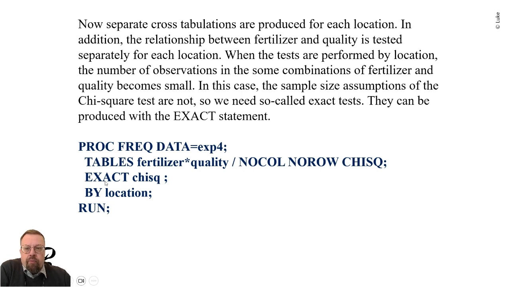So for that reason, we asked to produce this exact version of the chi-square test. And that's meant exactly for this kind of situation where the assumptions of the chi-square test are not met because of the too small sample size. So this is the alternative for that situation.